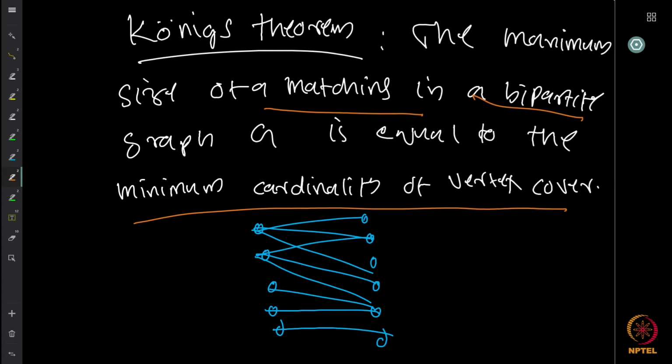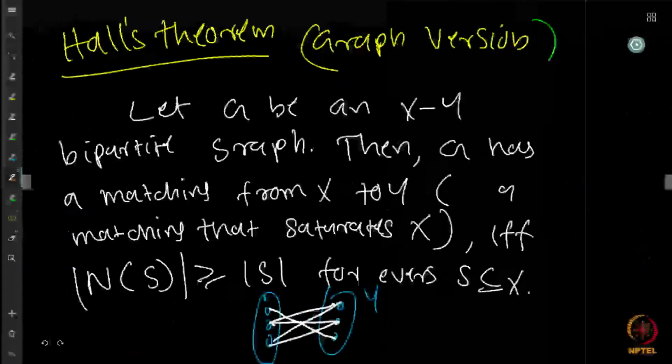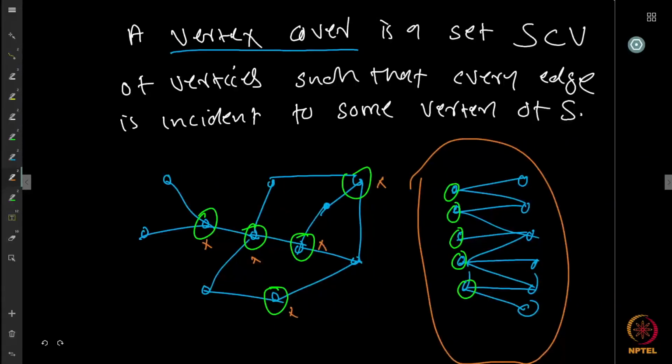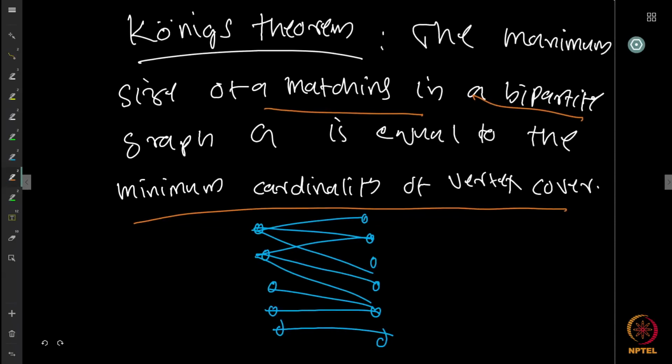So the selection of vertices which will cover all the edges in a bipartite graph will give you the cardinality of the largest matching that you can find. Now you can see how this relates to the cover and matching, and how it relates to Hall's theorem somehow. The maximum size of a matching in a bipartite graph is equal to the minimum cardinality of a vertex cover.